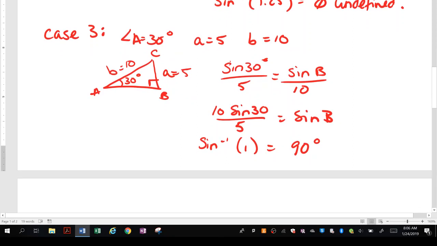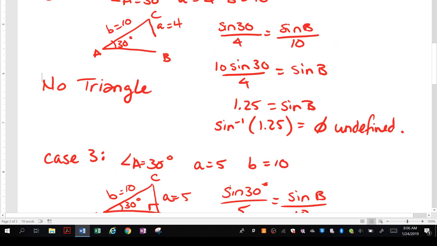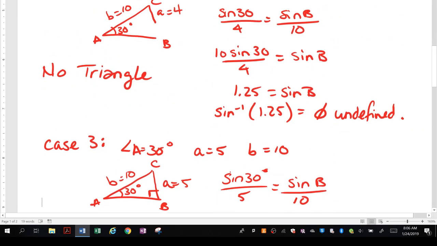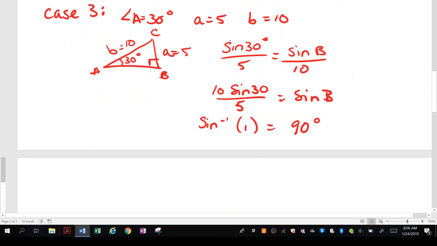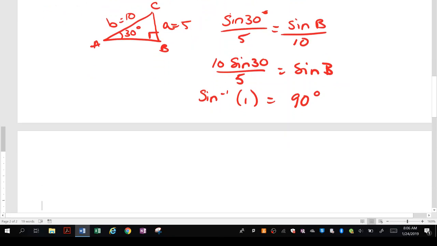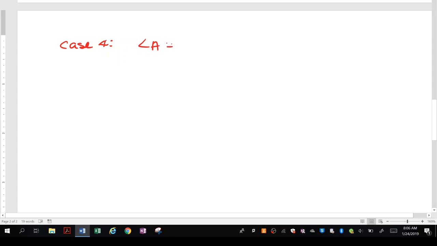Okay, there's one more case here that I'd like to go over with you. So now let's look at case 4. Here we're going to have angle A is equal to 30 degrees again.